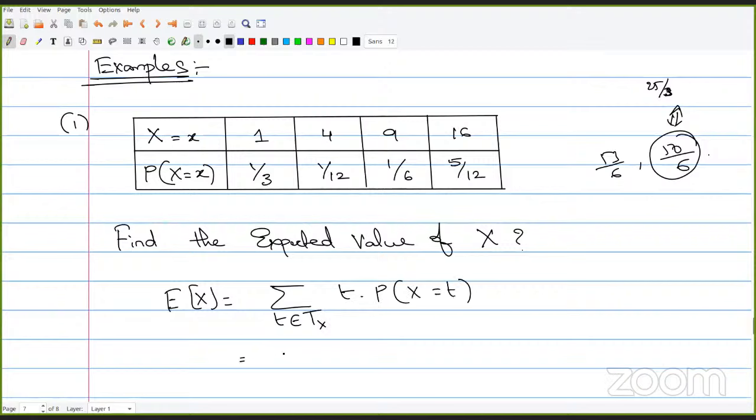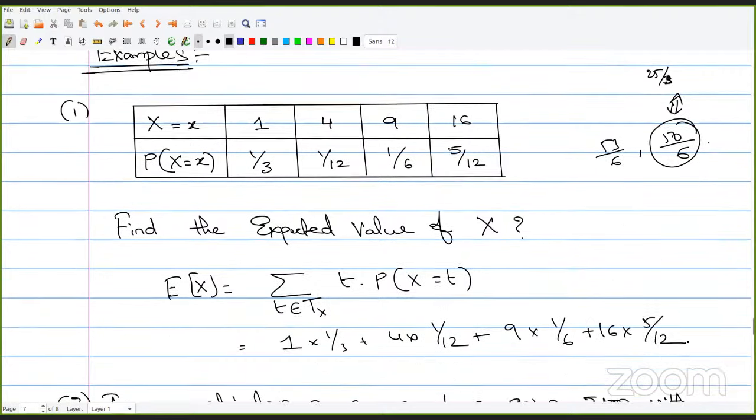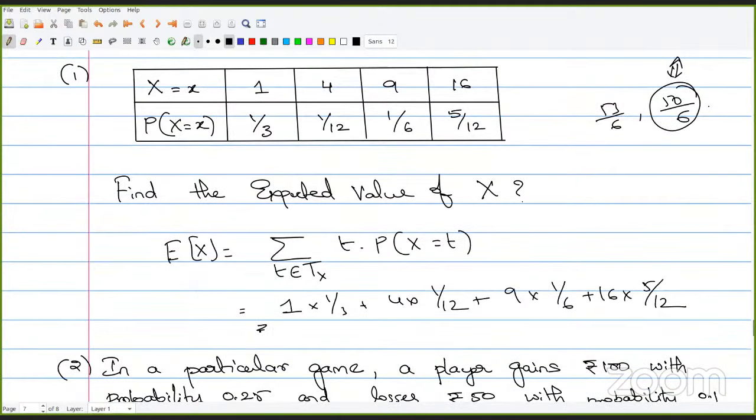So this is 1 times 1 by 3 plus 4 times 1 by 12 plus 9 times 1 by 6 plus 16 times 5 by 12. Correct? So this is 1 by 3 plus 1 by 3 plus 3 by 2 plus 20 by 3. So 22 by 3 plus 3 by 2, which is (44 plus 9) by 6, so 53 by 6. Correct.